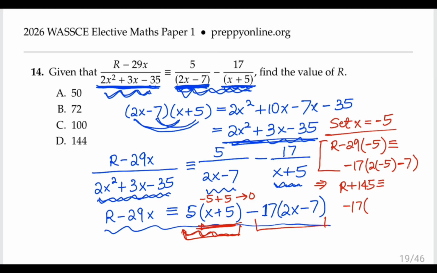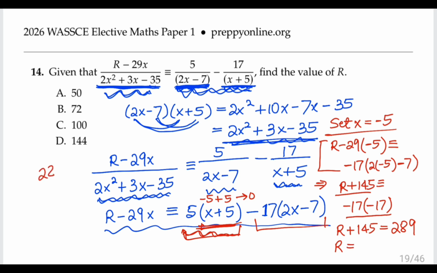So minus 10 minus 7, that's going to be another minus 17. So we have r plus 145 equal to minus 17 times minus 17. 17 times 17 is 289. So we have r plus 145 is equal to 289. So what does that give us?